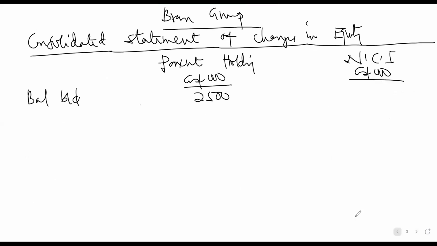Okay, so our NCI will not have any opening balance, but we come to at acquisition. At acquisition, that will be dash. Then we now have our NCI to be 505.3125.